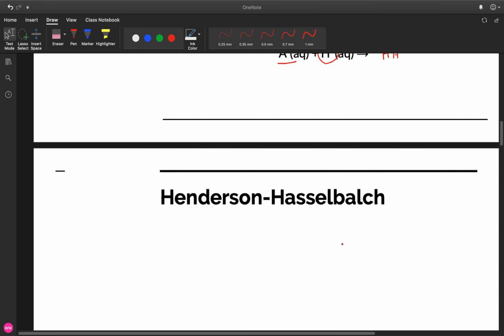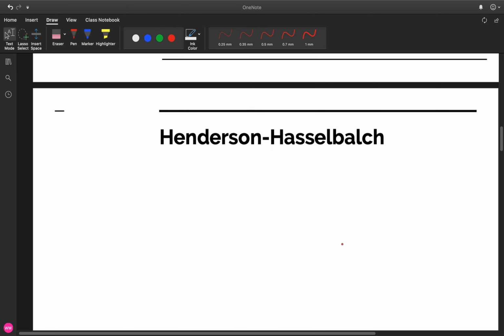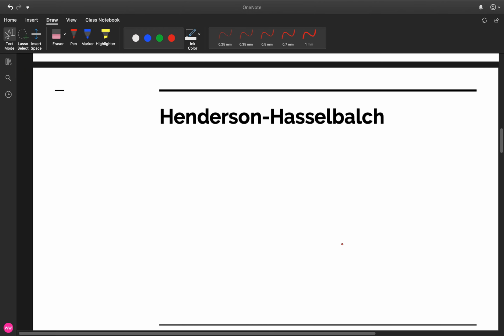All right, moving on, it is very important for us to understand what the pH of a buffer solution is. You can totally use an ICE table to determine this.